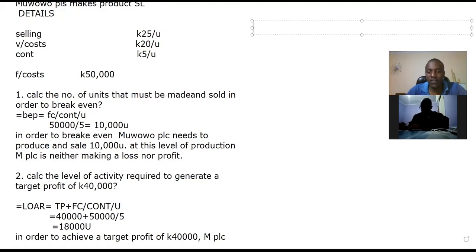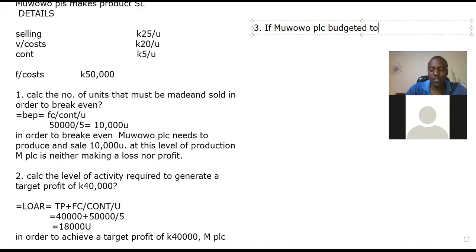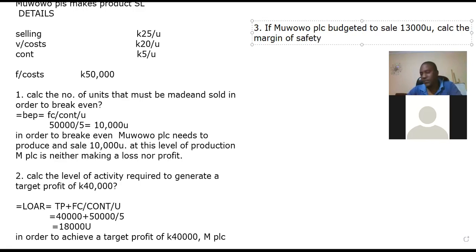Calculate the margin of safety. So the margin of safety, guys, is sometimes referred to as the MOS.